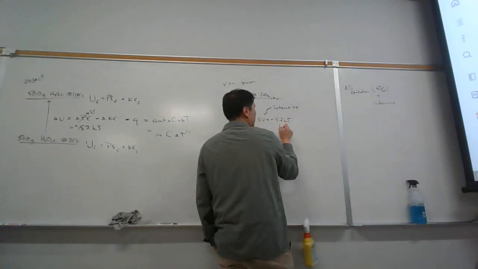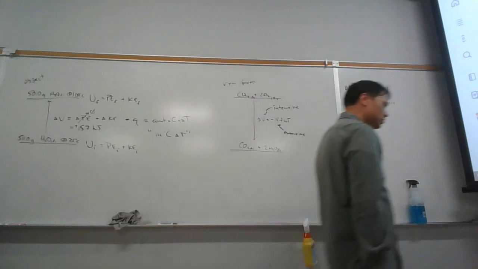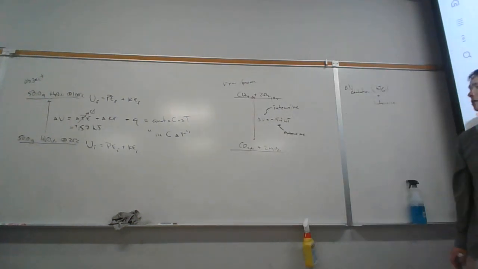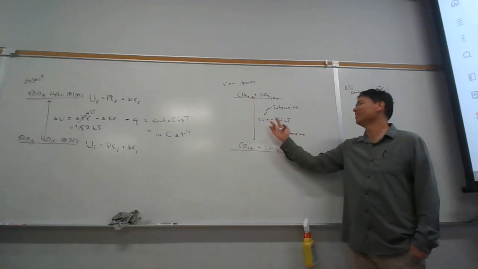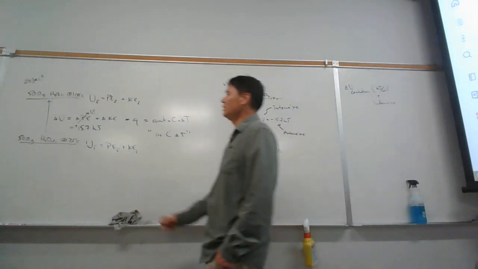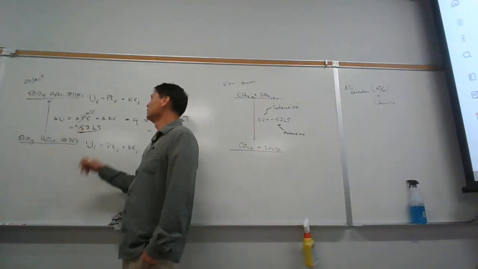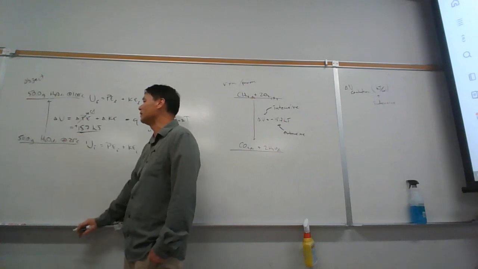However, I'm expressing this as extensive here. I want 15.7 kilojoules. That's going to depend on the amount here. And so sometimes it's a bit ambiguous. Sometimes we'll express delta U in terms of an extensive property, that is, I want this delta U, the change in internal energy, to be 15.7.